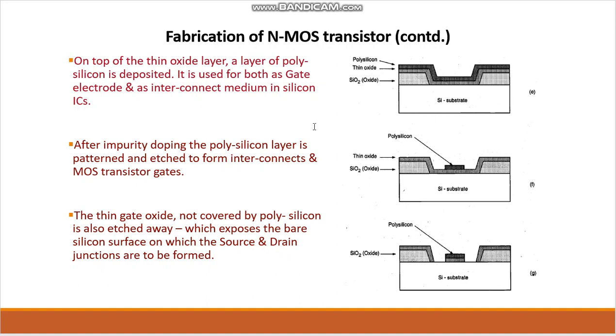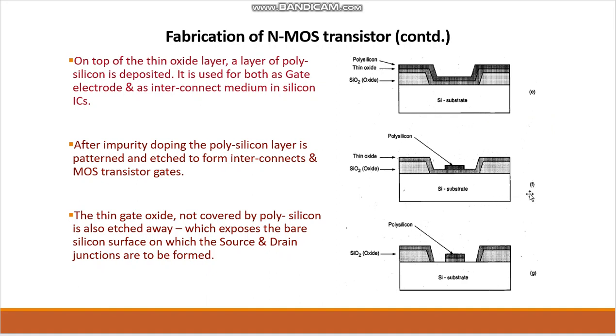Polysilicon is mainly layered for the placing of metal electrodes. It is used to connect both gate electrodes, if we are talking about NMOS as well as PMOS in the same substrate. Talking about making a CMOS, because CMOS is a complementary MOSFET, where in the same substrate NMOS and PMOS both can be accommodated.